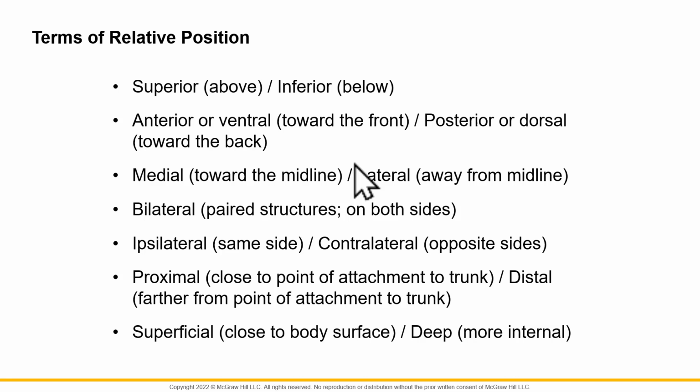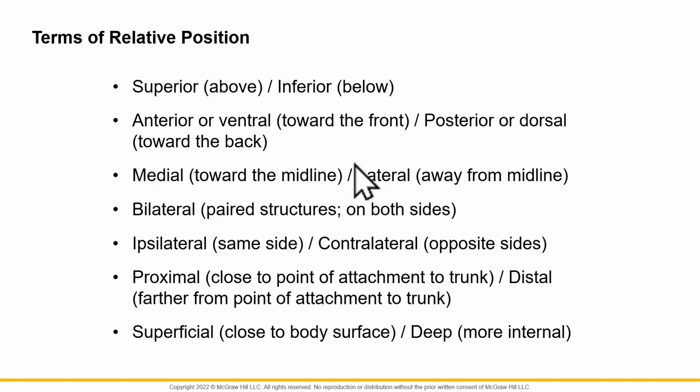So we have directional terms that tell us where things are. Anything above a point is superior to it. Anything below, inferior. Anything towards the front, anterior. Anything to the back, ventral. We also use the terms posterior or dorsal.